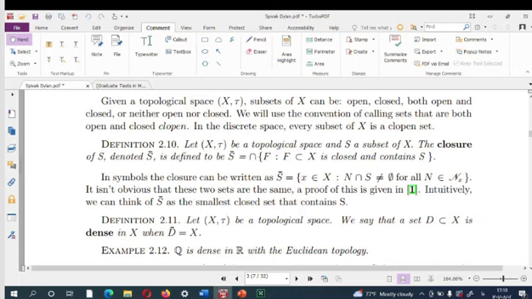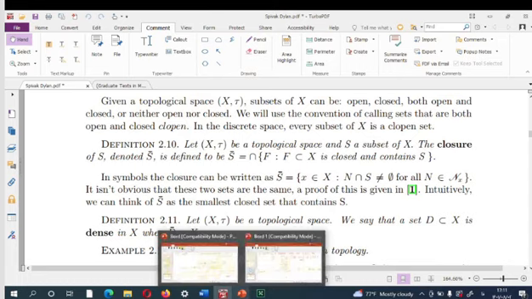It isn't obvious that these two sets are the same. A proof of this is given in 1. Intuitively, we can think of S bar as the smallest closed set that contains S.